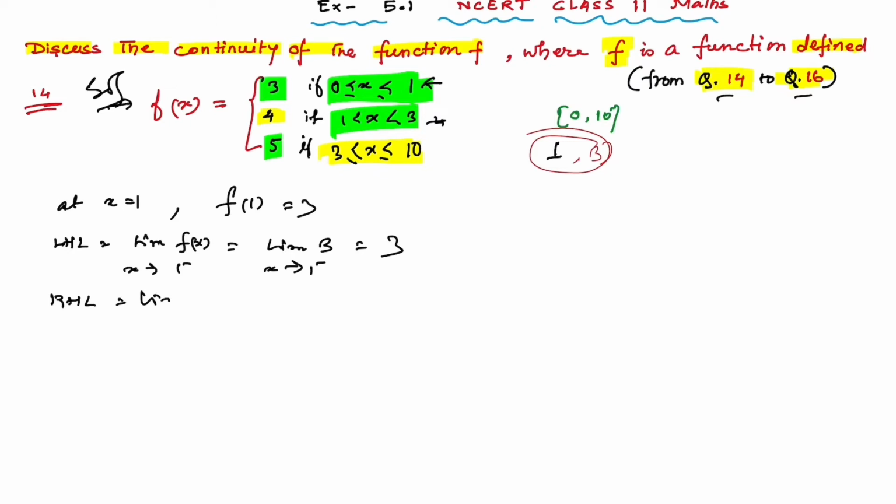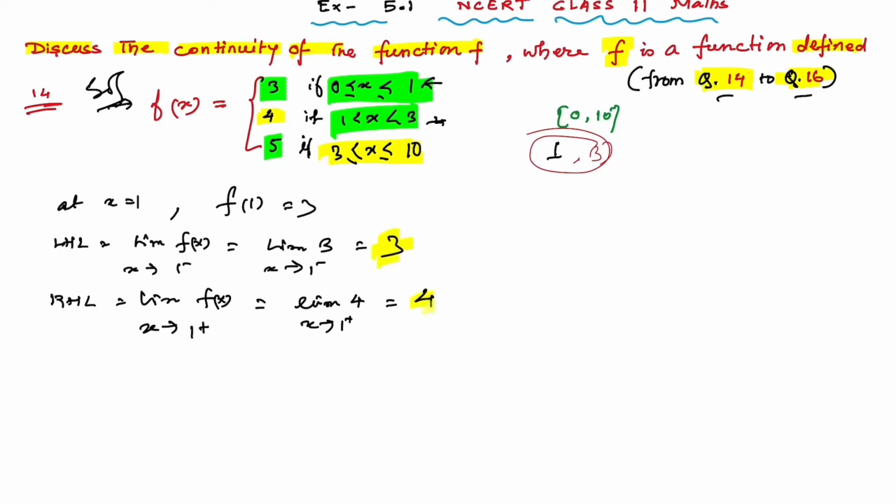Now let us find the right hand limit, limit of f of x as x tends to 1 positive. For x greater than 1, the value of the function is 4. So the limit of 4 as x tends to 1 positive is going to be equal to 4.